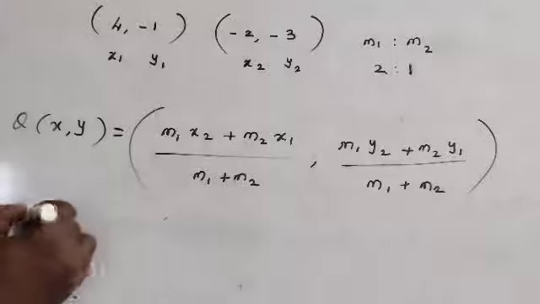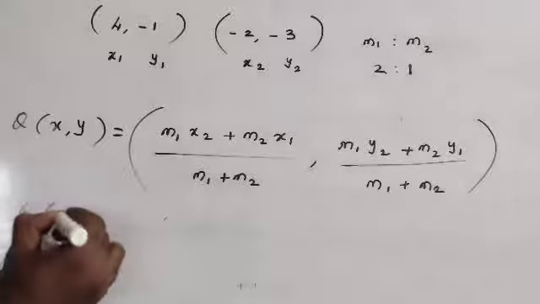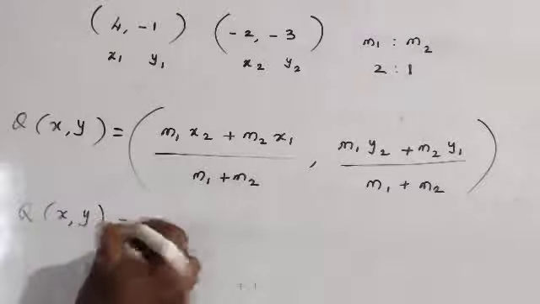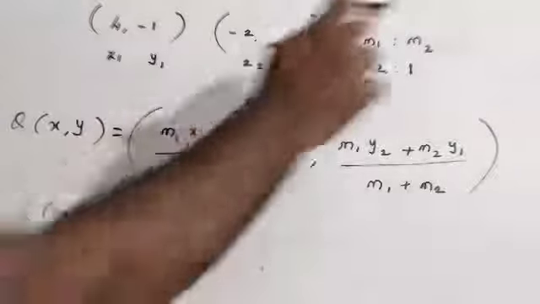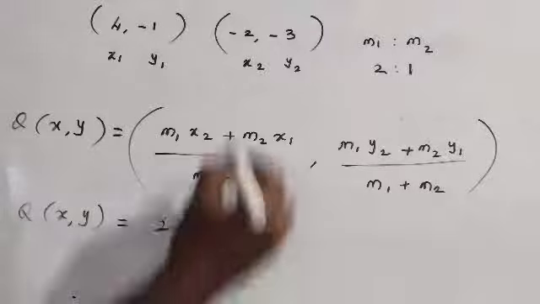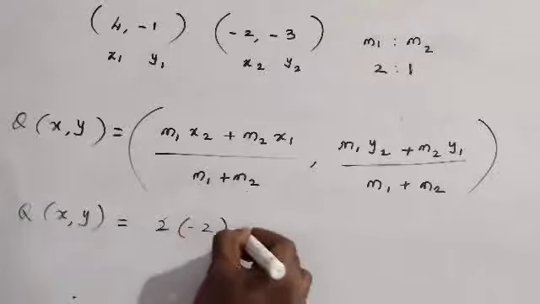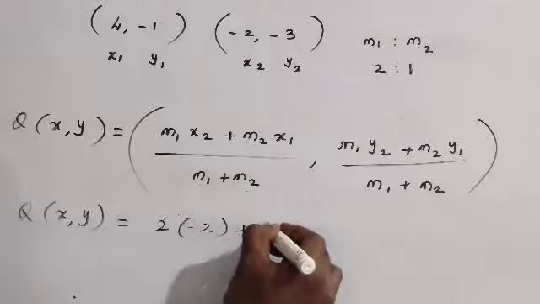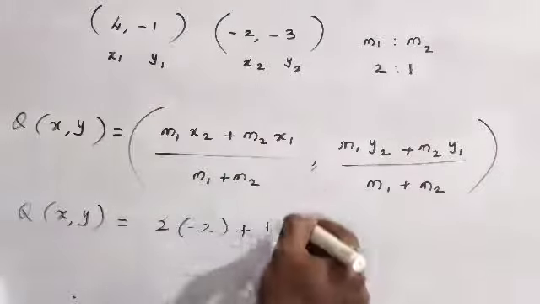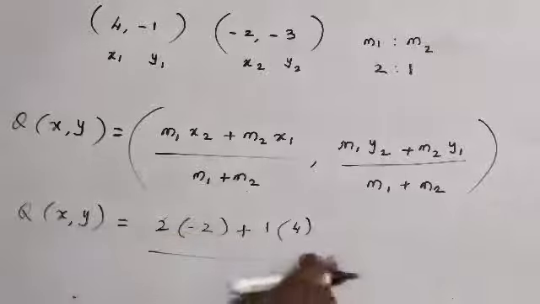Q of x, y equal to, for m1 write 2, x2, that is minus 2, plus m2 write 1, for x1 write 4, by m1 plus m2.